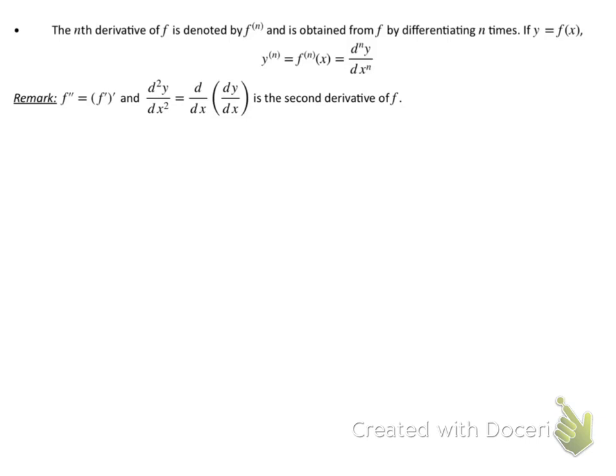So you can keep differentiating and keep getting the derivative of the previous function. And that's the higher derivative. So the nth derivative of f is pretty much you differentiated n times.